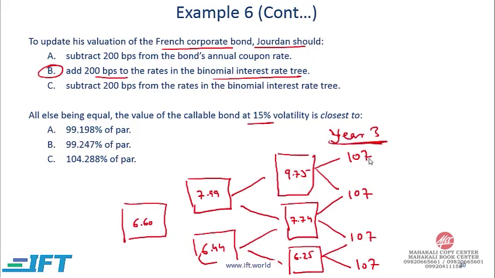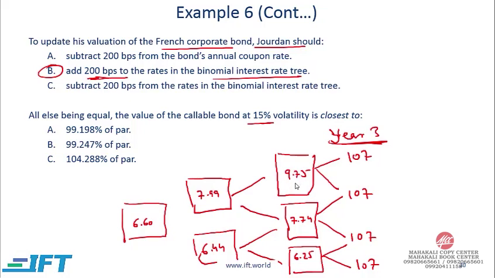The cash flow at the end of year 3 is going to be 107, which is 100 par plus 7. Now, according to the government forward curve, the rate is 7.75, but to that we need to add 200 basis points.